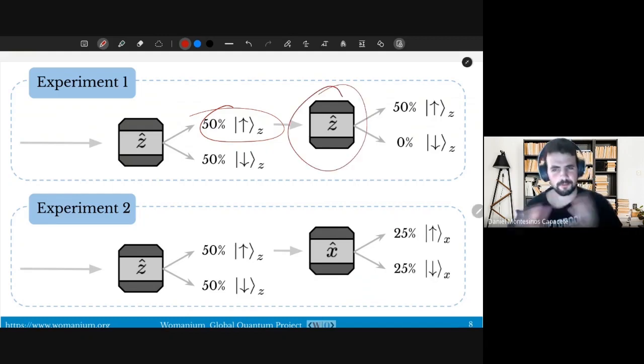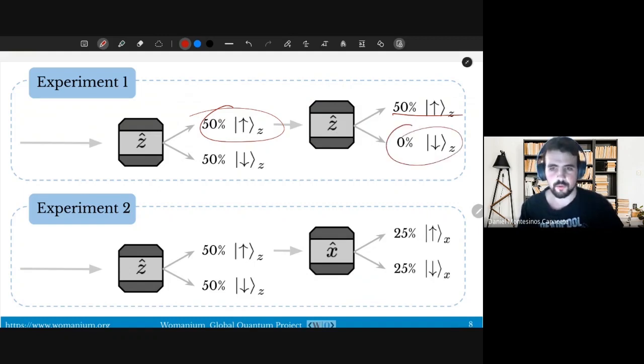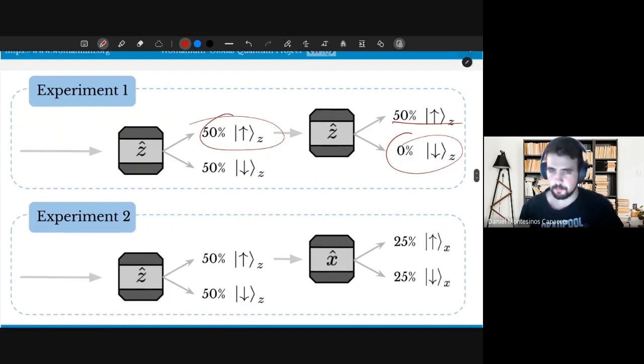In this case, it's quite straightforward, or maybe easy to see that at the end, if you do the same, you will get again the same state, and you won't find any particle with the spin down, right? That's, I would say, expected, right?